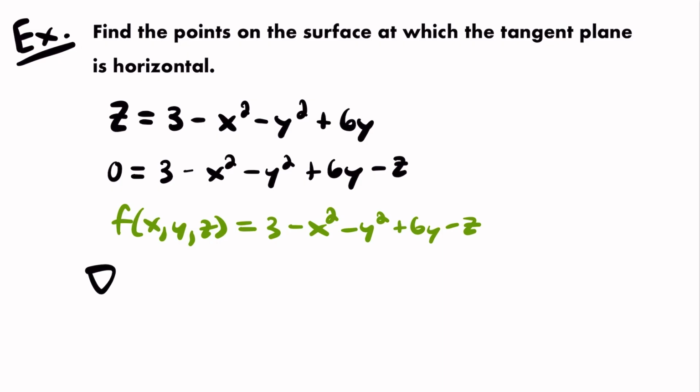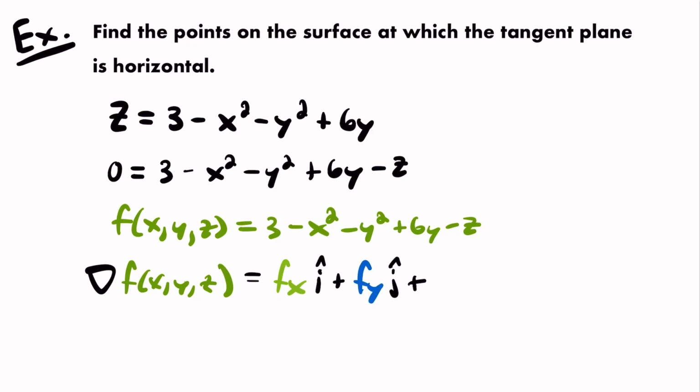So we'll take the gradient of f of x, y, z, and that will be equal to the partial derivative with respect to x times i plus the partial derivative with respect to y times j plus the partial derivative with respect to z times k. All right, so starting with fx, you just have to take the derivative of negative x squared.